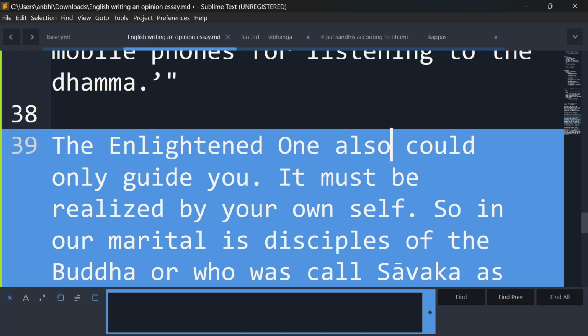Can, could. So then it's like in the past, right? The main verb is guide. Could only guide you. I think it's a past.